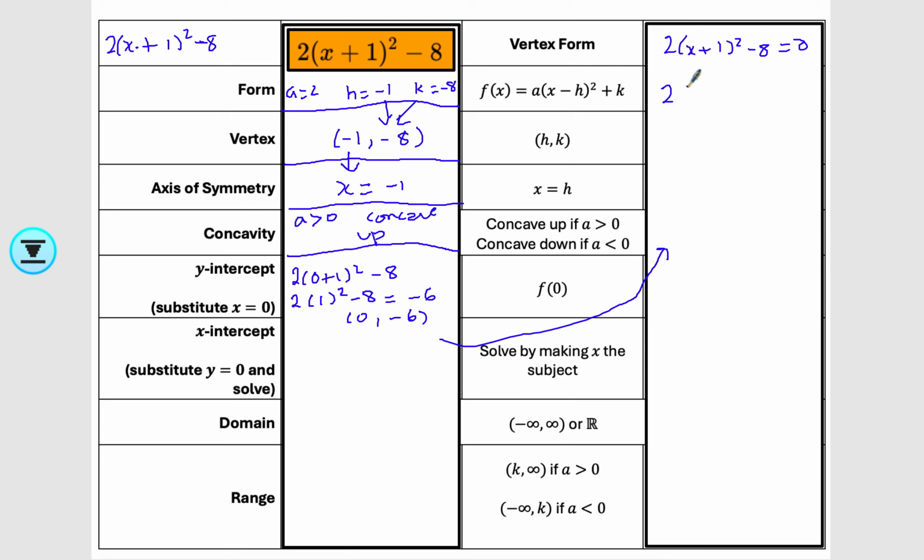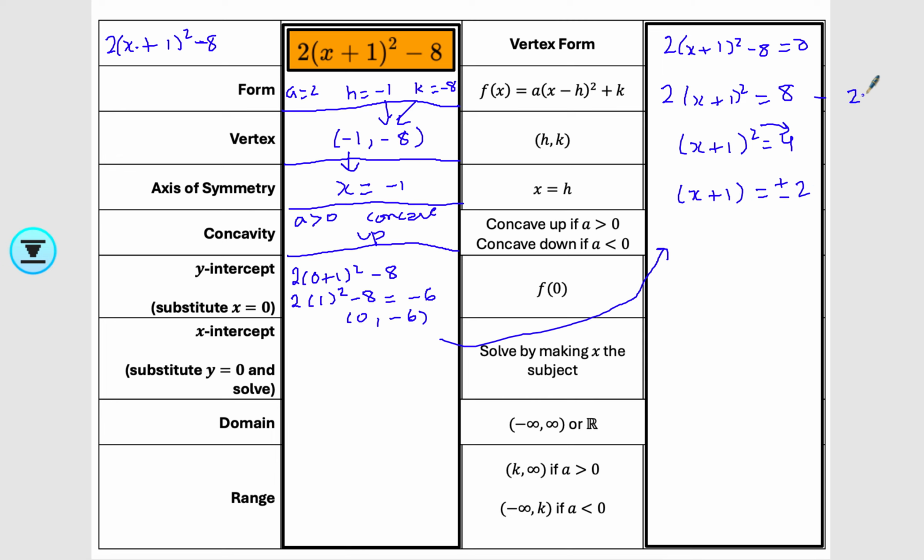So in this case, I will start solving normally, and then I'll divide, and then I have to square root. When I square root the other side, keep in mind that you'll end up with a ±2. Why is that?